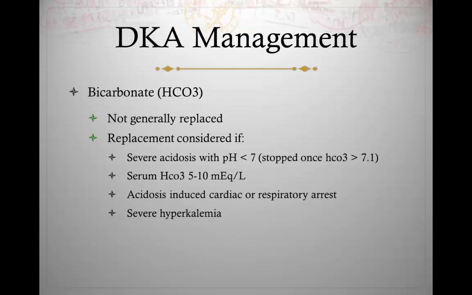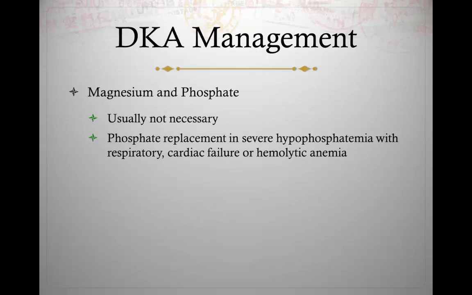So only if the pH is less than 7, or the serum bicarbonate is 5 to 10, or the acidosis itself induces cardiac or respiratory arrest, or of course if there is severe hyperkalemia. The bicarbonate will be corrected by itself when you give insulin, when the acidosis is corrected, when there is fluid challenge being given.